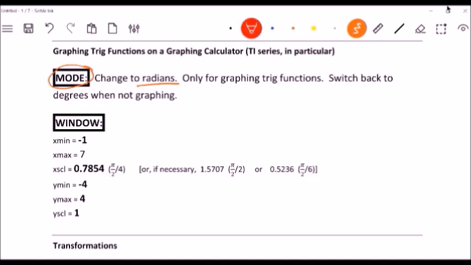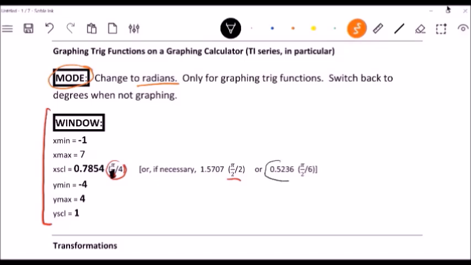types of problems. And this is the window that I will recommend for using a graphing calculator. I used to use pi over 2 for the scale for x's, but I think using pi over 4 is a little bit better for graphing some things.